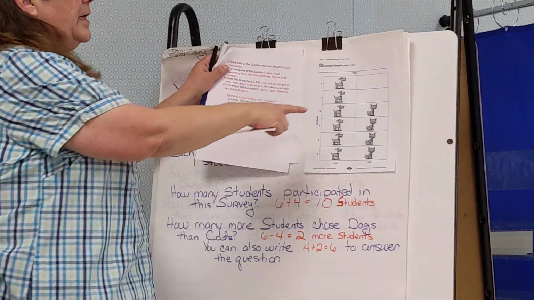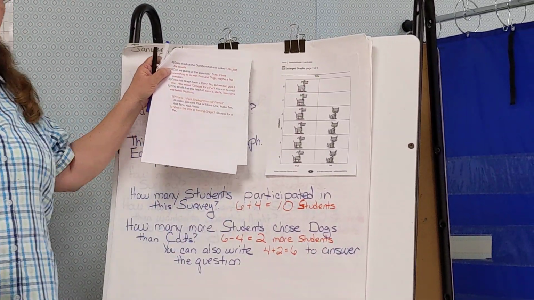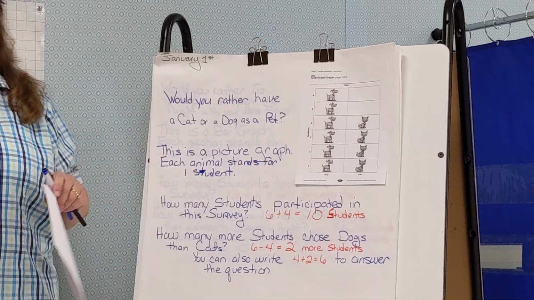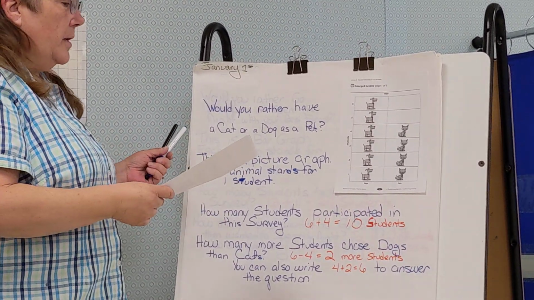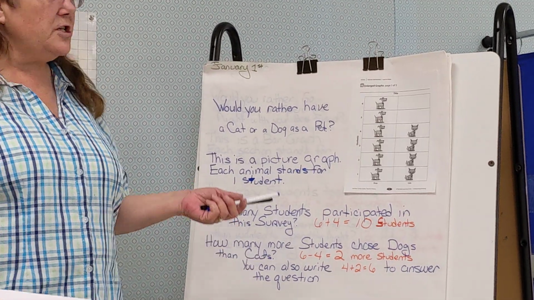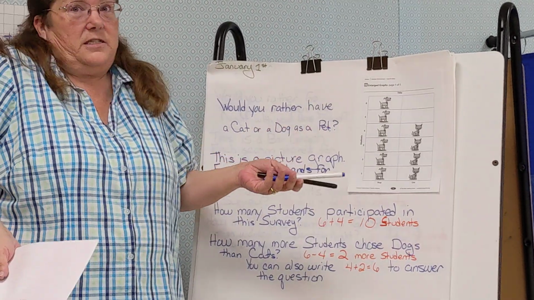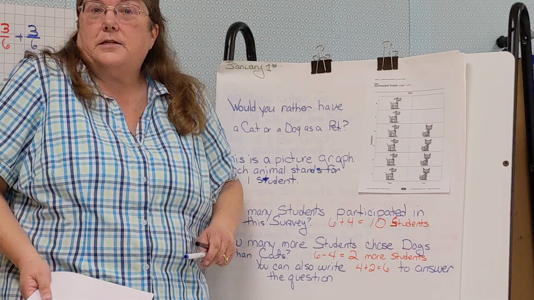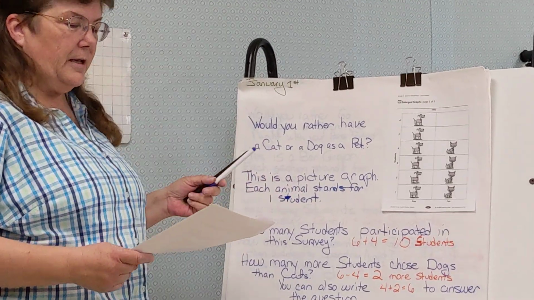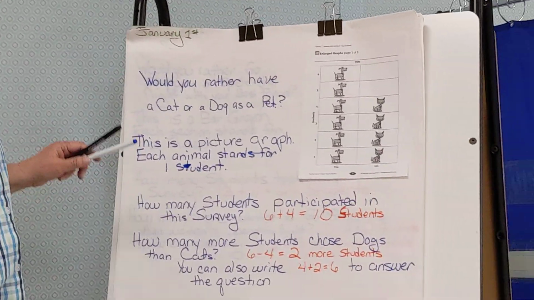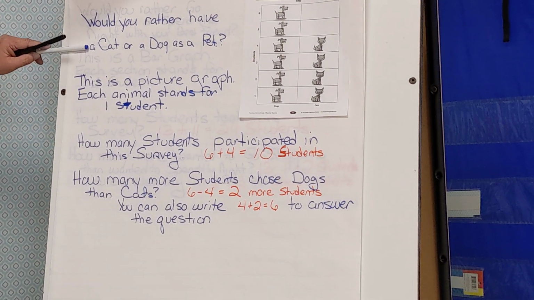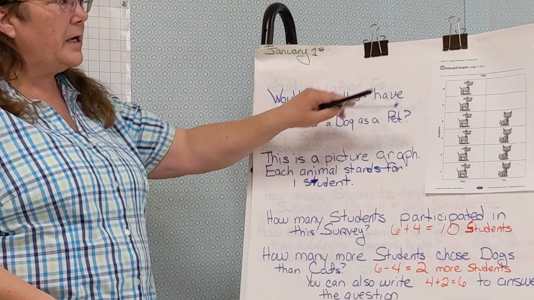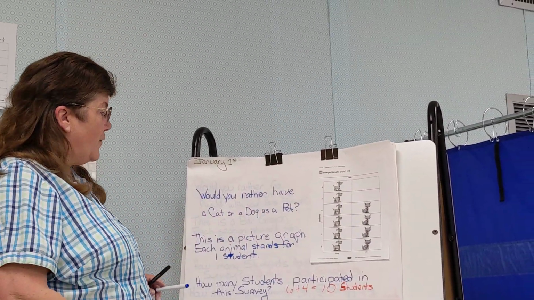If you're just looking at the graph, does it tell us the question? Nope, it just gives us the results. Can we guess at the question? Sure, we can guess that it had something to do with dogs and cats. So I thought that the question would be, would you rather have a cat or a dog as a pet? I think that's a pretty good question to relate to our graph.